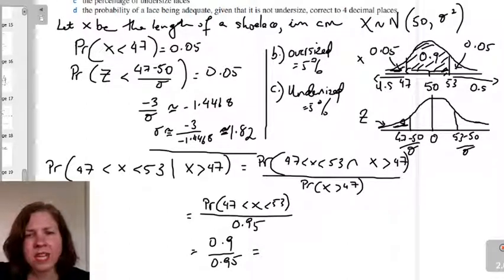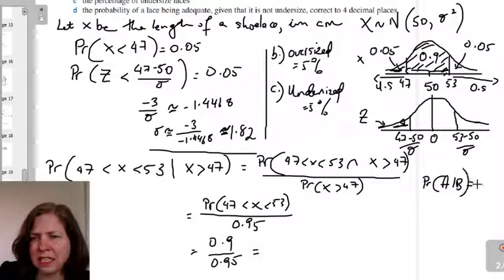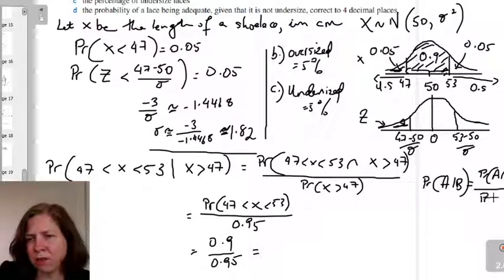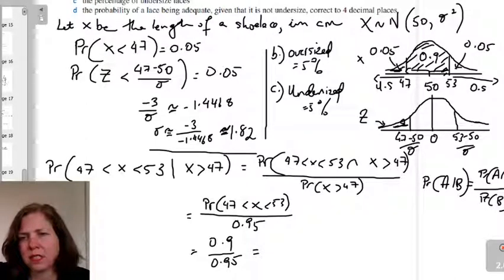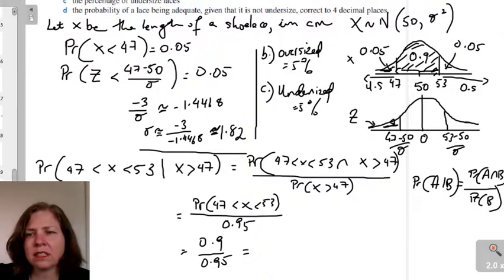And then I've written down, we know that the probability of A given B is the probability of the intersection between A and B divided by the probability of B. Oh, you can't quite see that now. Shift that just a little. There we go. So we know this formula.